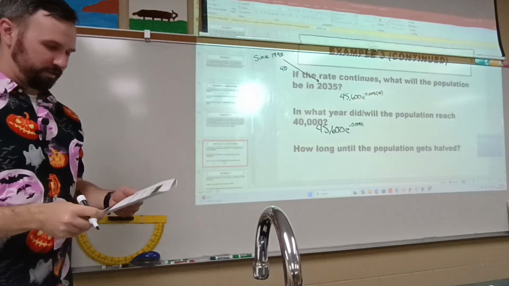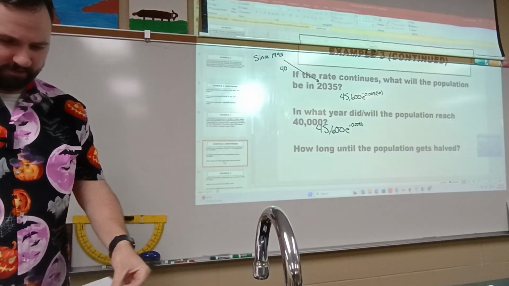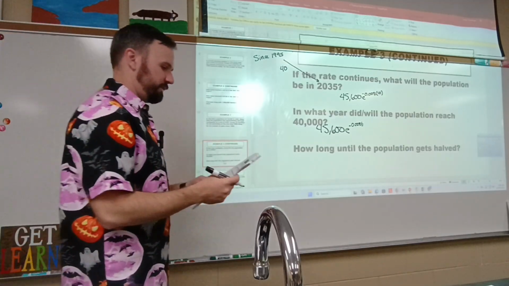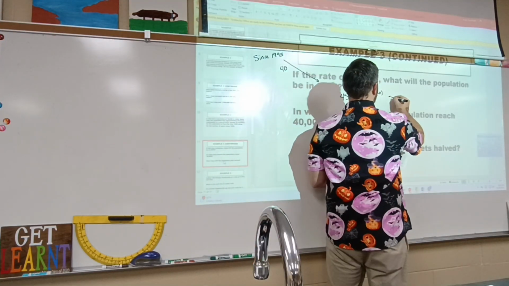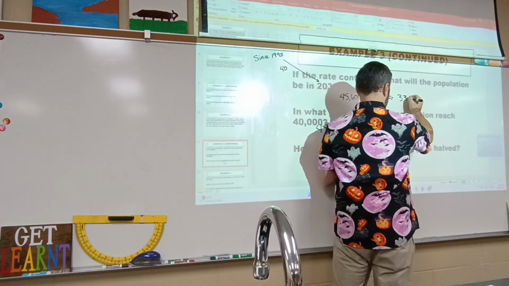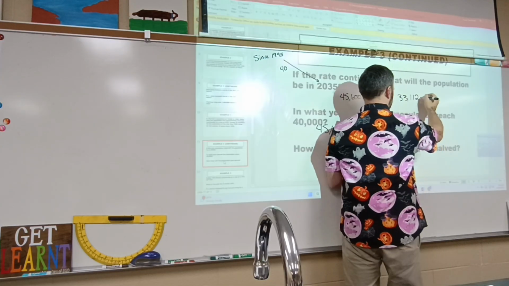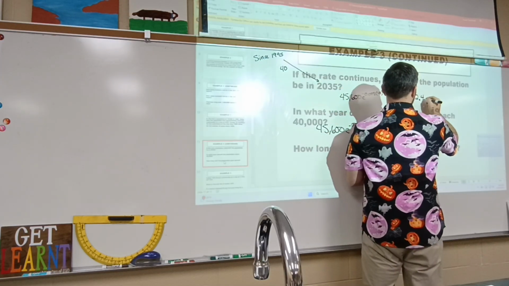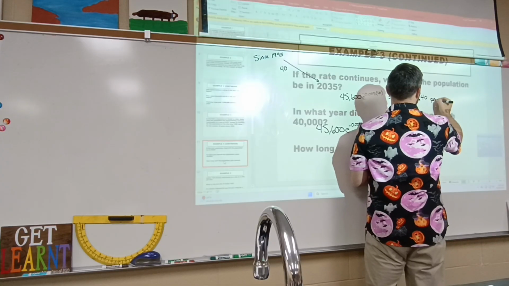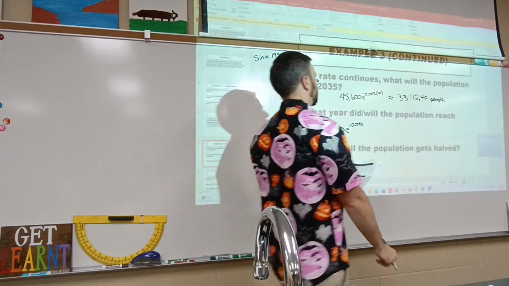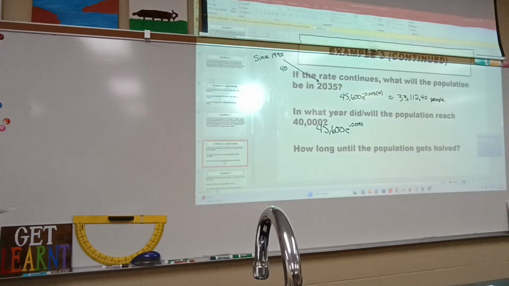This is very similar to the city we live in, actually, for population growth. I got approximately 33,112.40 people. Because it's approximately, read your situations. Sometimes they say round to the nearest person because that's what you do with people. For estimates and statistics, you can use decimals.